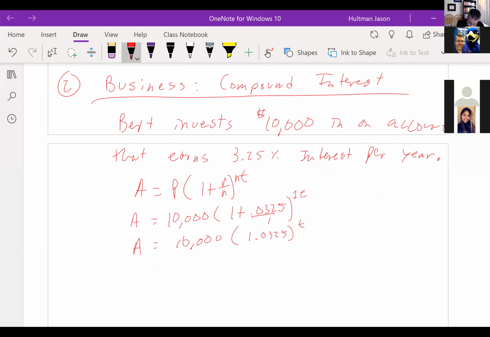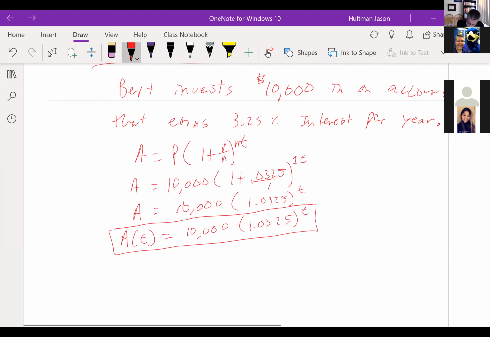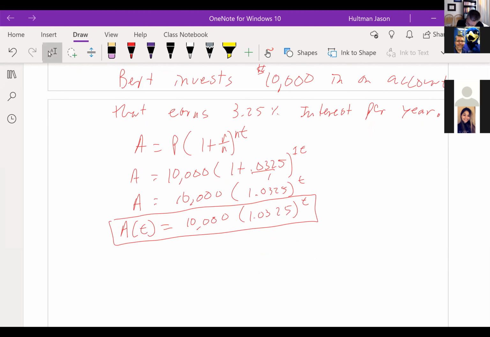I'm going to label this A of t is equal to 10,000 times 1.0325 to the t power. So this is my formula, compounded annually.